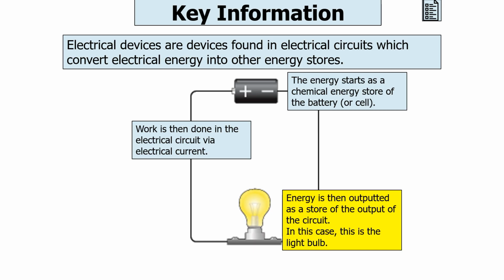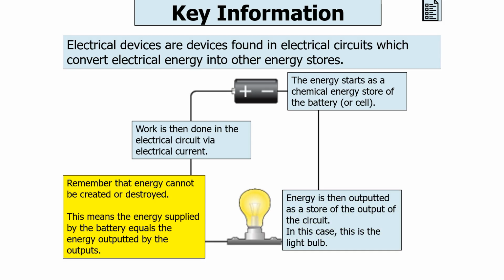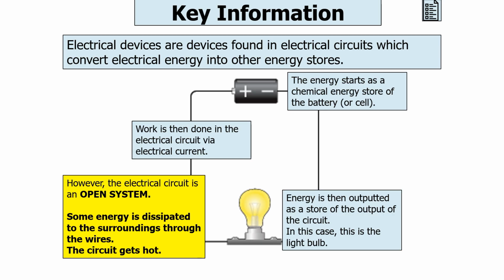So as we mentioned, energy is outputted as a store of the output of the circuit. Now remember that energy cannot be created, it cannot be destroyed. So this means that the energy supplied by the battery equals the energy outputted by the outputs. Now this is an example of a closed system. However, the electrical circuit is in fact an open system.